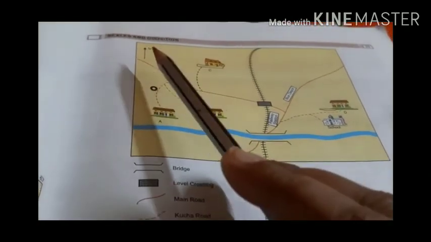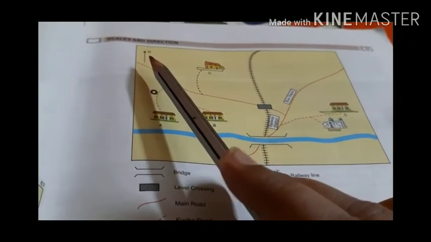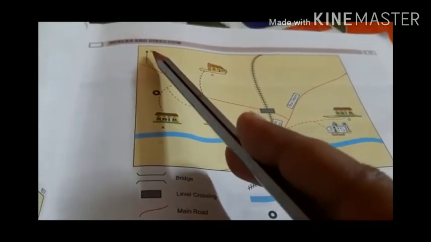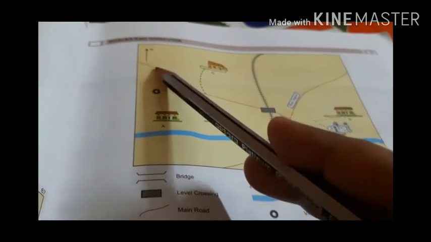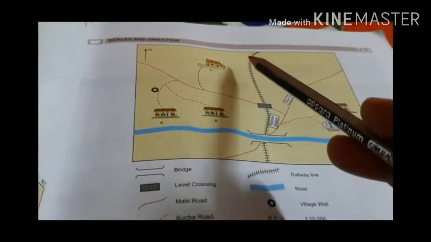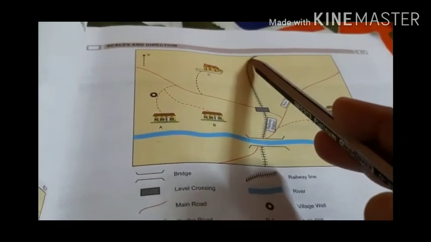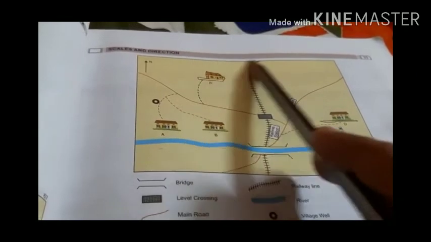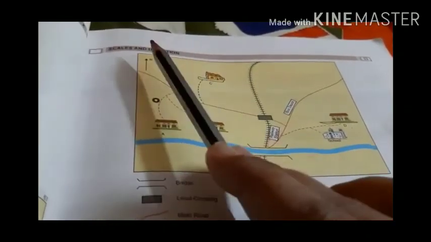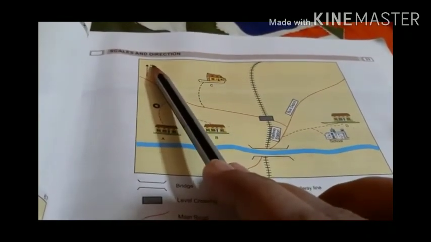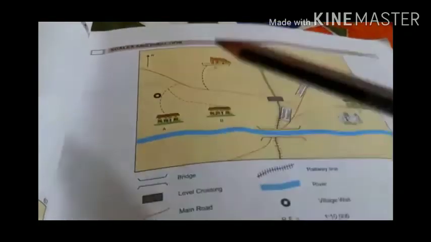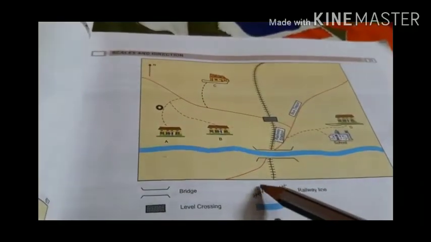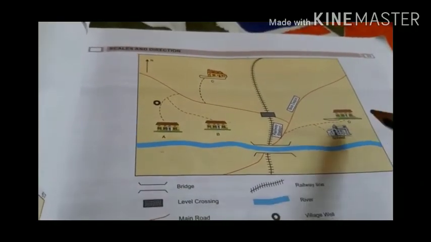Then see on the left hand side, up at the top, the arrow showing the north direction. North is at the top, and the top area is always taken as the northern side. Suppose this is a map of a particular village.